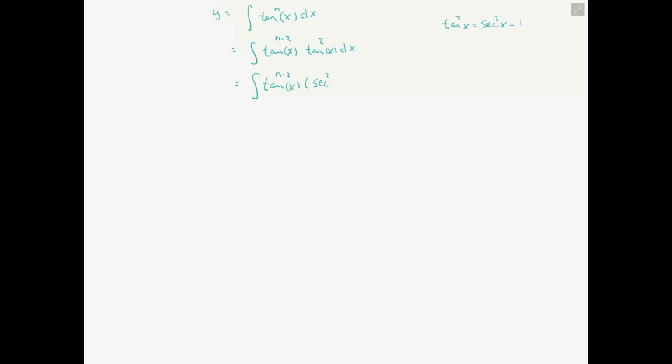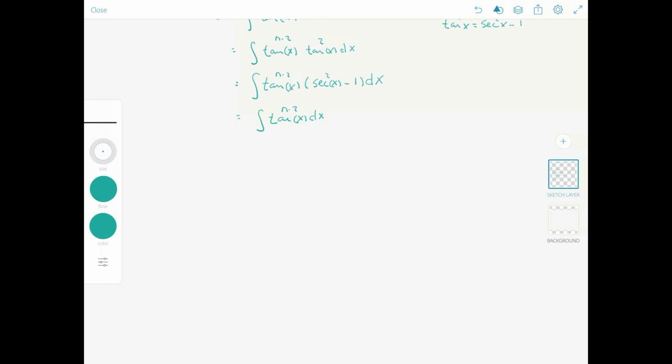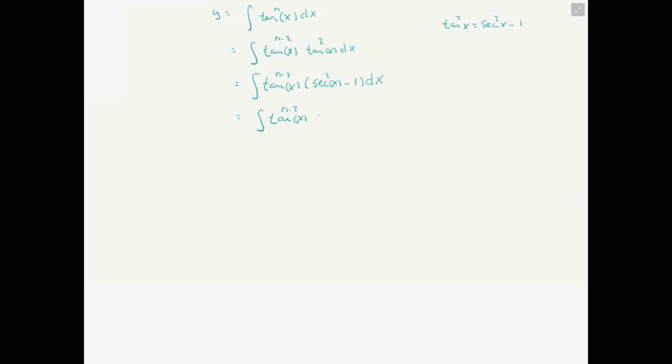So then we have tangent to n minus 2 x times secant squared x minus 1 dx.